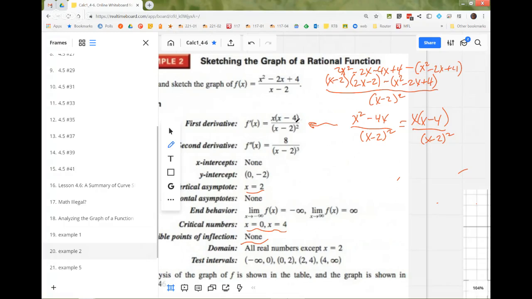End behavior just means what happens when x approaches infinity and when x approaches negative infinity. So if you just look at the original function up here, what's the limit of this as x approaches infinity? Well, the top has a power of 2, the bottom has a power of 1, the top wins, and so that limit is infinity. So as we go to the right, this thing's going to get forever higher.